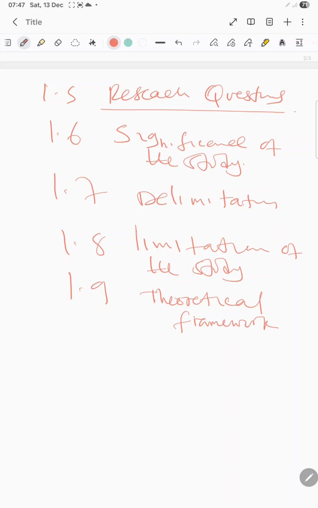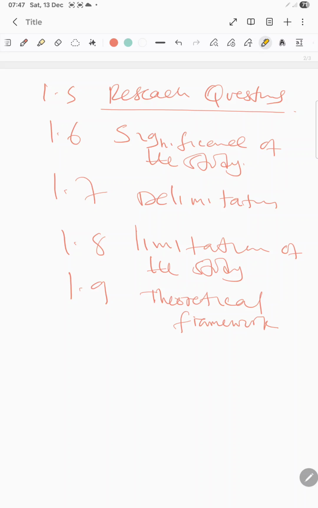For instance, theories are developed by scholars. They tend to explain certain concepts fully so that those concepts can be understood.